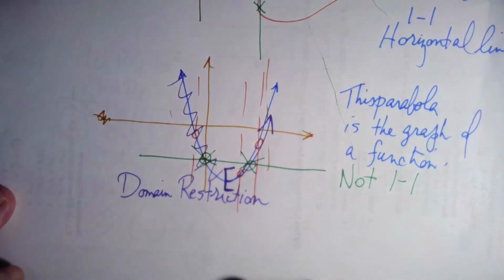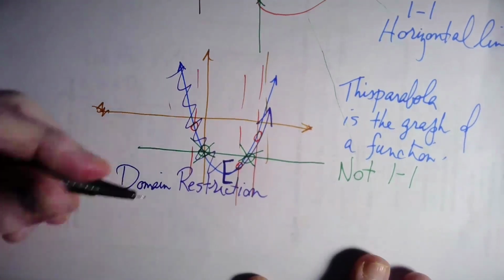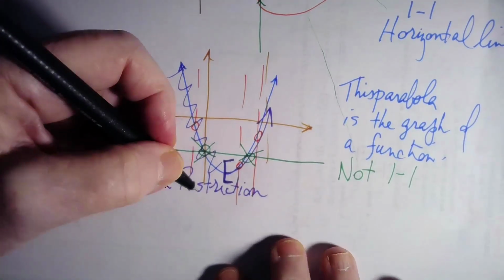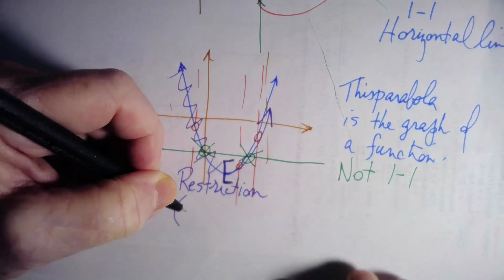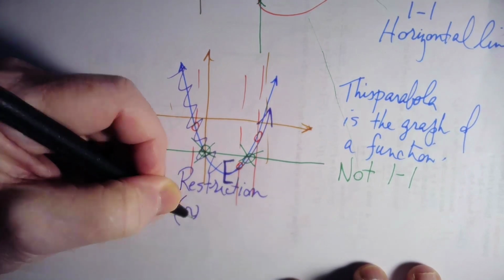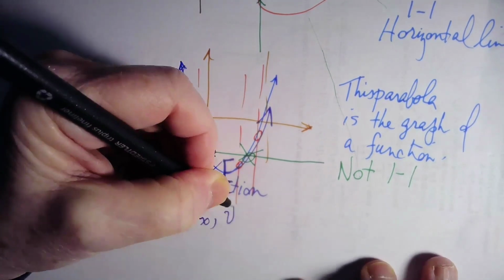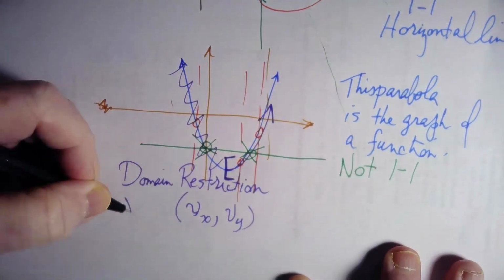So if we pretend that the left arm is not there, let's say Vx, Vy for the vertex.